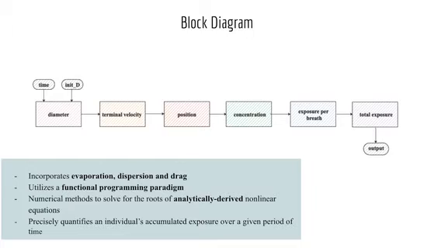This is a block diagram of PyREM that shows that given a time and an initial diameter and several decoupled function calls, we are able to predict the total exposure present in the air. In this project and guided build, we primarily focused on the diameter, terminal velocity, and position, and did a little bit of work with the concentration as well.